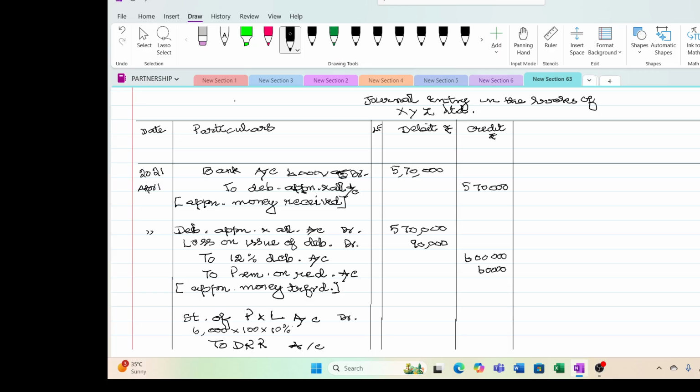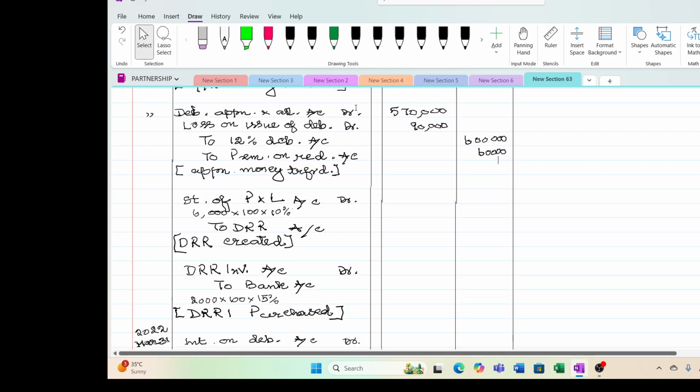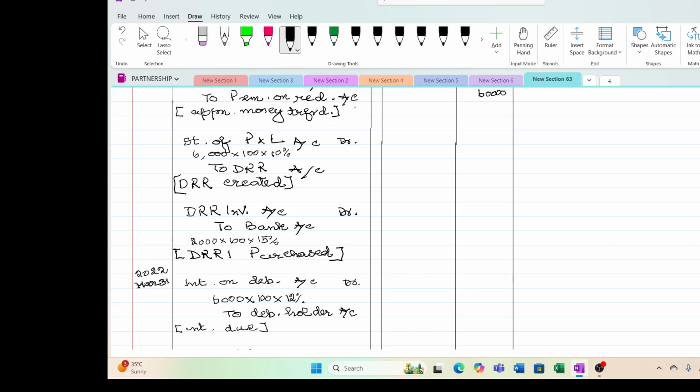So this is over. Now we have to create the debenture redemption reserve. As I have told, you have to create it for the total outstanding debentures. So it is 6,000 into 100 into 10%. That will be your 60,000. Okay. So the next point is that you have to remember the sequence.